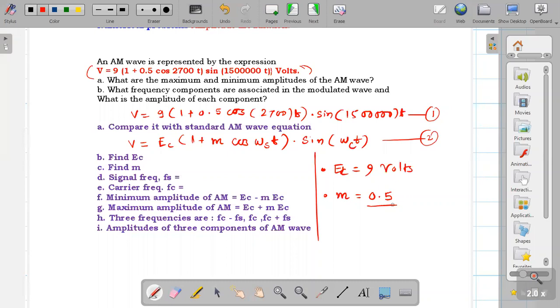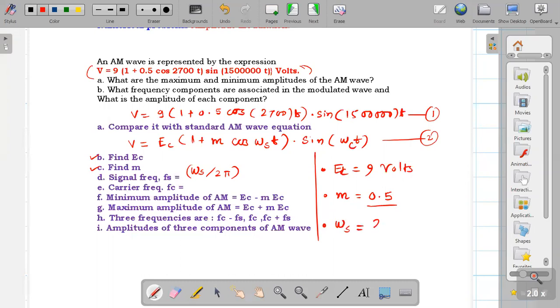Okay. Next is, dear student, there is one formula. See, B is done, C is done. Now signal frequency fs, and dear student, signal frequency is equal to omega s upon 2 pi. This is the formula, omega s upon 2 pi. And from this example, can I write, what will be the omega s?